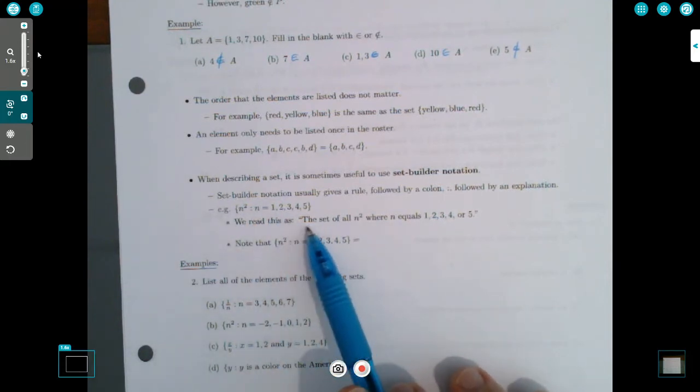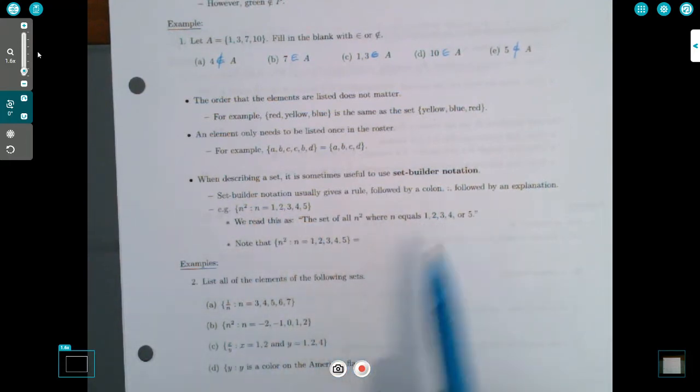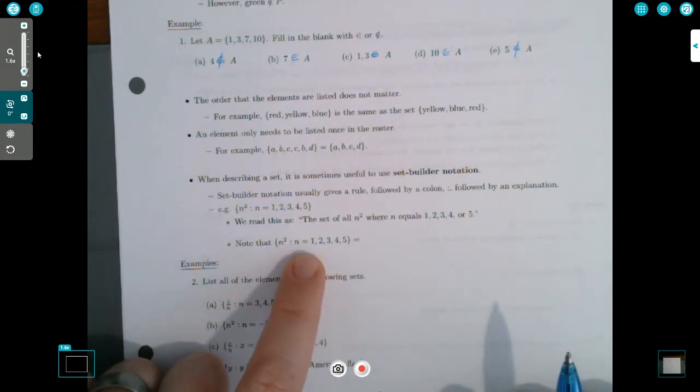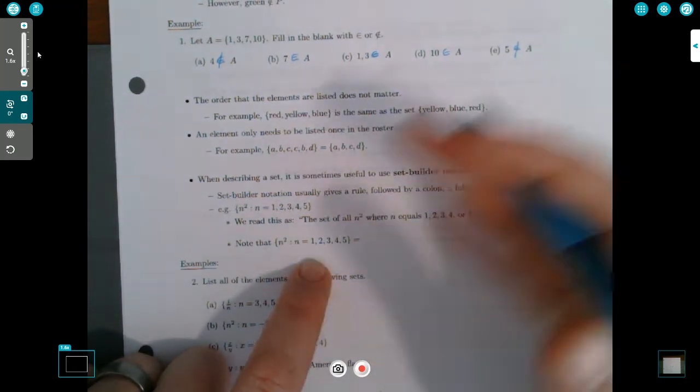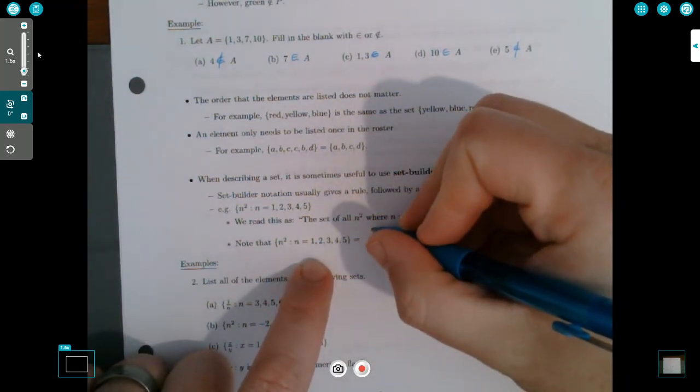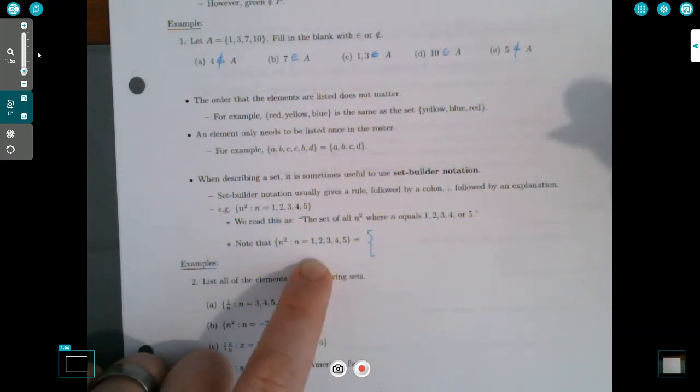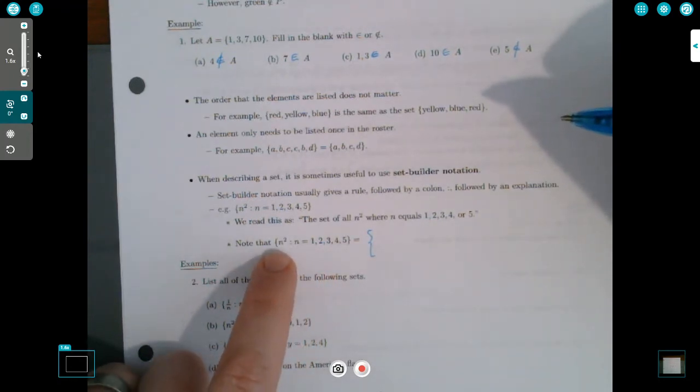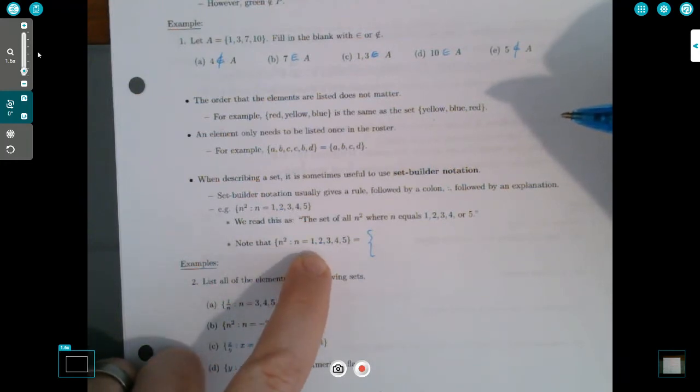So again, we read that as the set of all n squared, where n equals 1, 2, 3, 4, or 5. So this is the set builder notation. If I wanted to give the roster notation of this, in other words, if I wanted to just list off the elements of the set, I would say, well, it's any number of the form n squared where n is 1, 2, 3, 4, or 5.